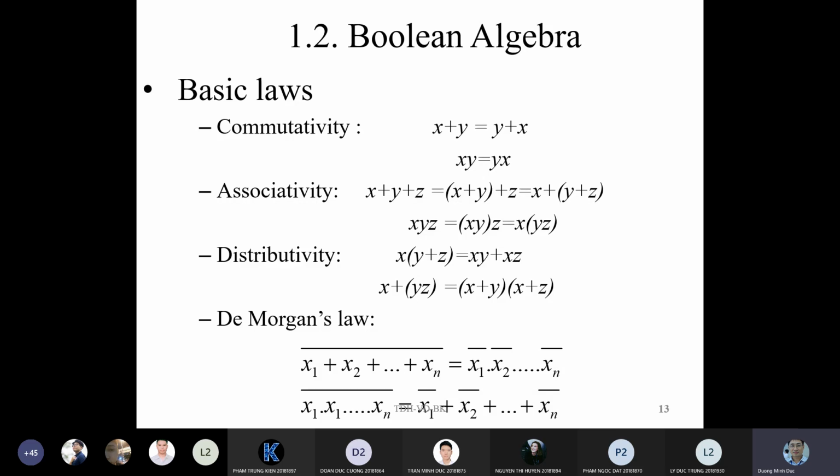For one truth table, we can use many ways to represent this truth table.